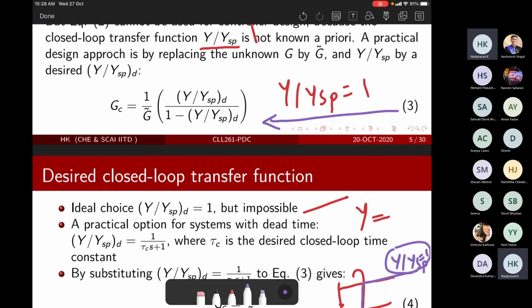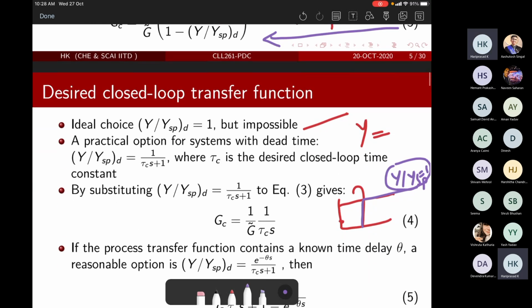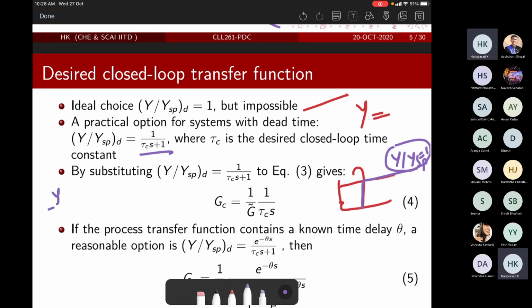Please don't do that. What you could do is take more reasonable options of y by ysp. Instead of putting y by ysp equal to 1, why don't you choose 1 by tau c s plus 1, which is like a first order system? If you choose y by ysp as a first order system, what would happen?